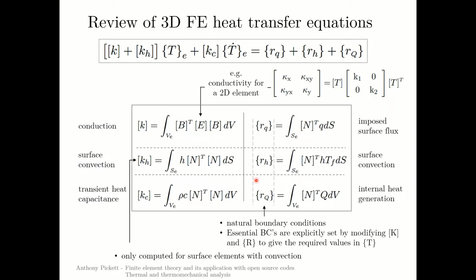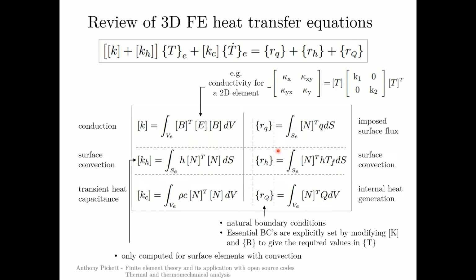There will also be this vector where this is the environmental temperature, and this is the heat transfer coefficient for the surface. So this will only be done for the elements which are on the surface where this convection occurs, on the surface faces of the elements.